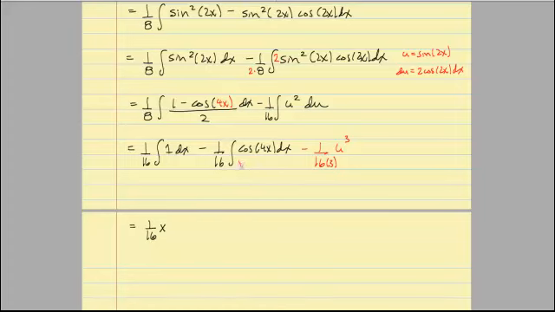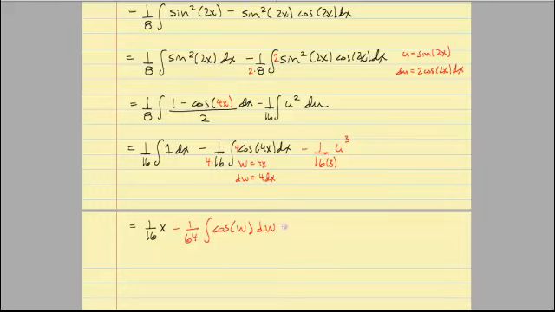Let's use a w. w is 4x. dw is 4dx. I don't have the 4, so I multiply by 4 on the inside and compensate with a 1/4 on the outside. And when I rewrite that, I get a negative. Actually, let's leave that coefficient out front: 1/64 integral cosine of w dw.